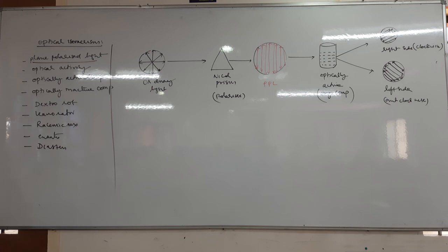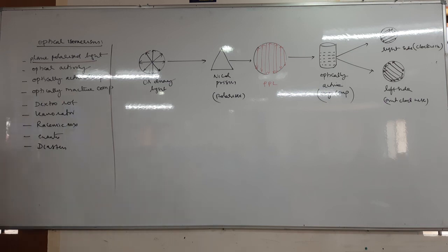The device which produces PPL is called a polarizer.